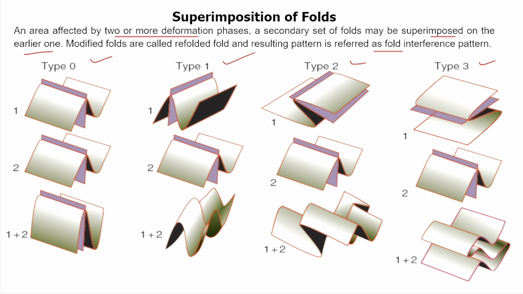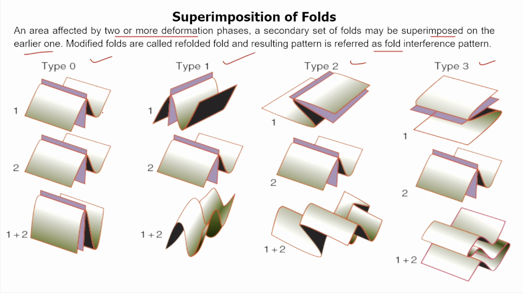How these types are formed and what the criteria are, I will show you some visualization, and with that you will understand. Before showing you the visualization, you should have a little bit of concept, so that you can understand at that time.